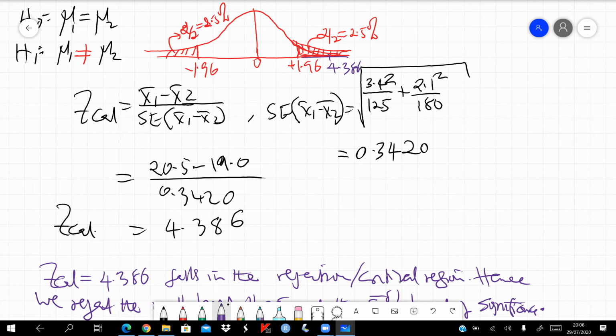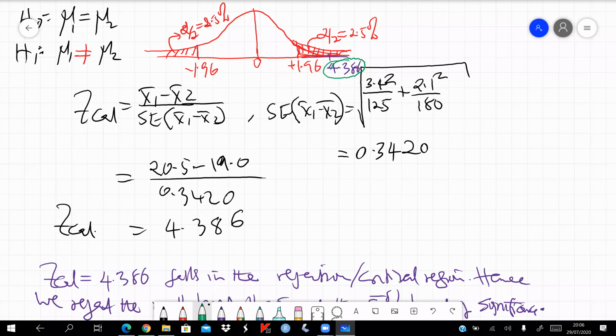Correct. That's why I put it here, to show that it is in the rejection region. It is in the shaded part, and once it falls there, it tells you what to do with the null hypothesis. It tells you to reject the null hypothesis.